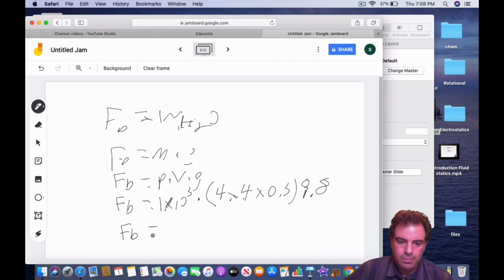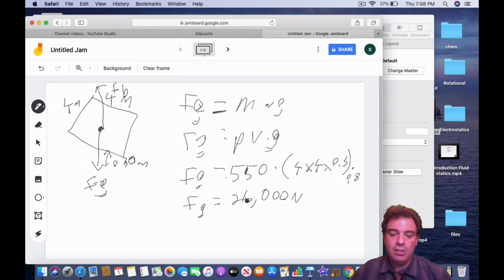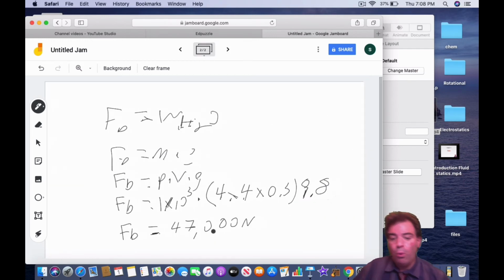So the force of buoyancy, if we multiply all three, is going to be 47,000 newtons. So what does this mean? When we compare it with the force of gravity, which is only 26,000, we see that because the force of buoyancy is a lot greater, the object is going to float.